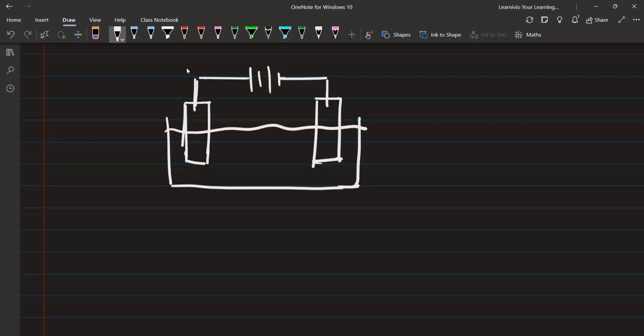No need to draw this. Here you will have cation and you will have anion. Now what will happen? As soon as the cell starts working and the current is flowing, the negatively charged ions will go to the positive electrode and get neutralized. That means anions will go to the positive terminal and the cations will move to the negative terminal. And then they will also get neutralized. So that's what happens here.